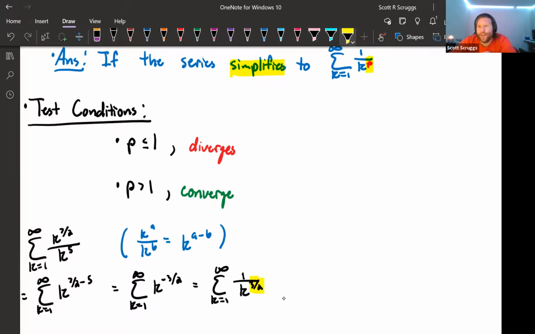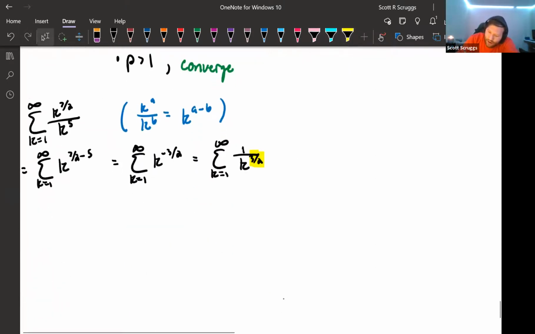And in this particular case, my p will be that 3/2. And on a good day, 3/2 better be strictly greater than 1, which tells me that this series will converge.